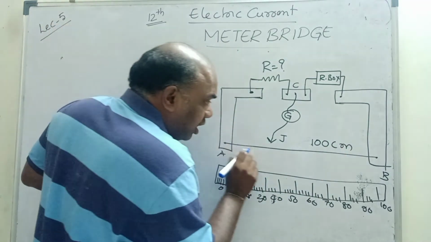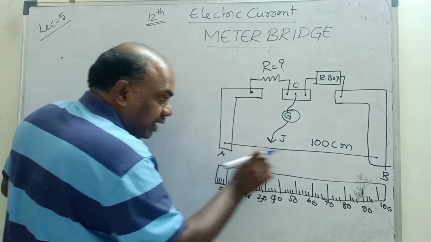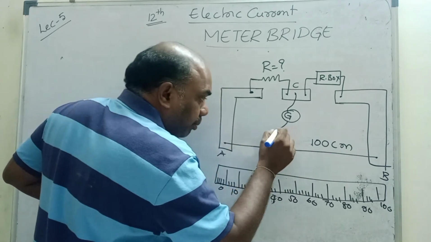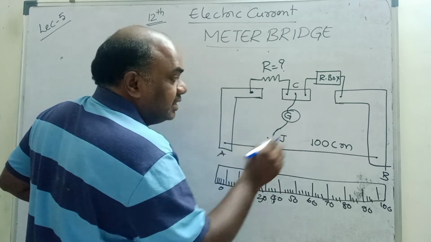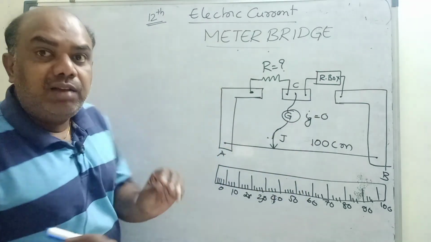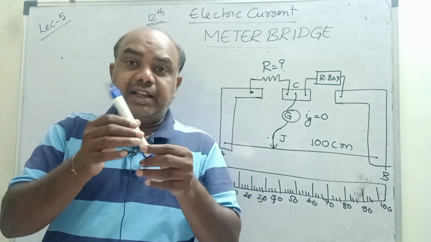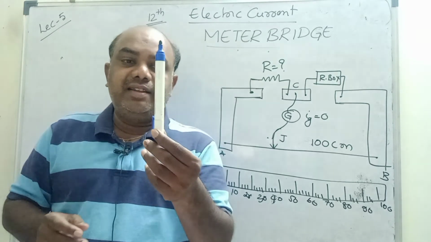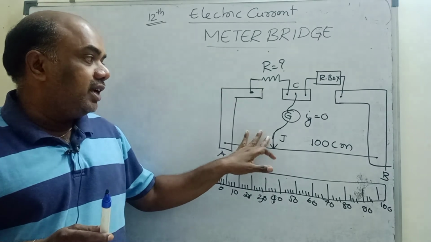If you move the jockey slowly from A to B, at a particular point, let us consider the galvanometer is not showing any reading. Galvanometer reading is 0. That means the galvanometer is not deflecting right side, not deflecting left side. Even though you place the jockey at a particular point, it does not deflect.